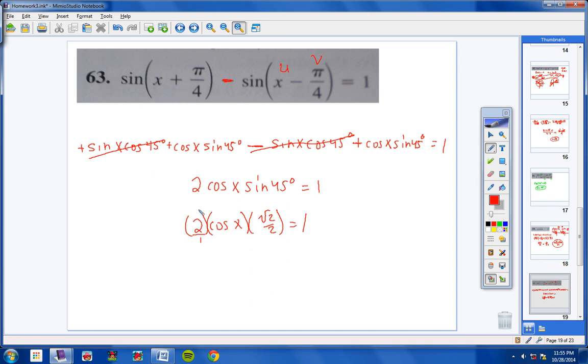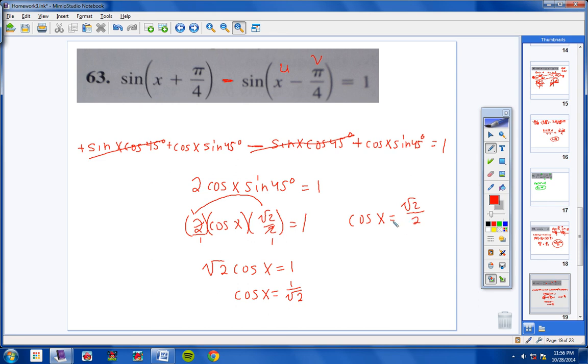We'll take this times this, and we get square root of 2, because your 2's cancel. Cosine of x equals 1. Now divide both sides by square root of 2, giving 1 over square root of 2. So basically, cosine of x equals square root of 2 over 2.